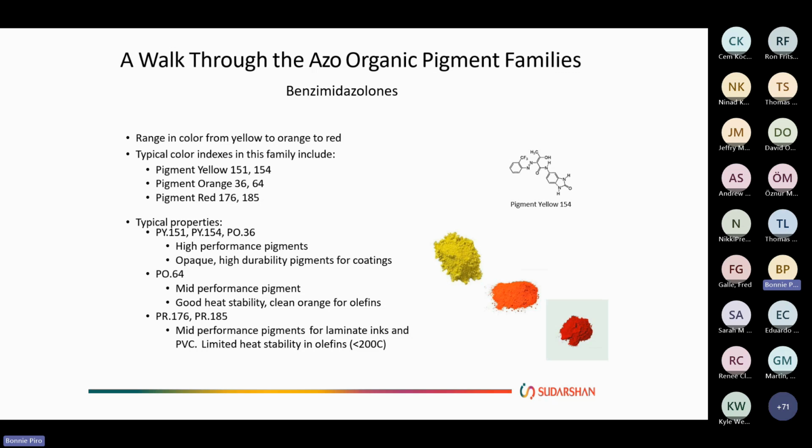And on the red side, the 176 and 185. These, as I mentioned, do have the high performance nomenclature associated with them. So that gives them higher durability, higher heat stability performances with respect to those application areas.